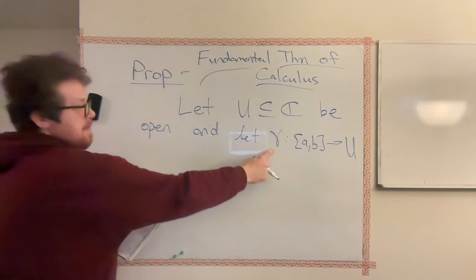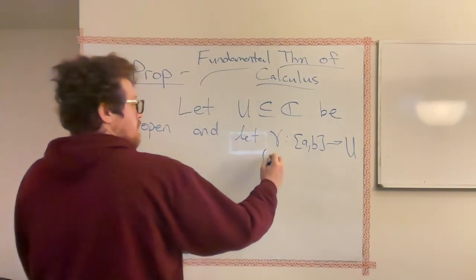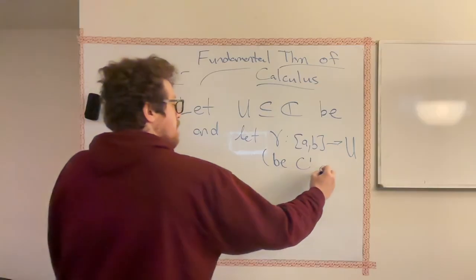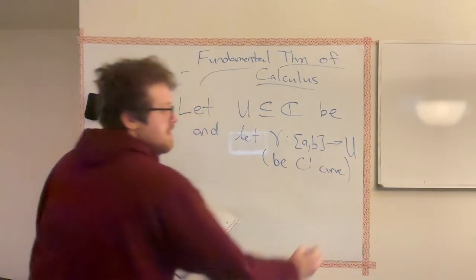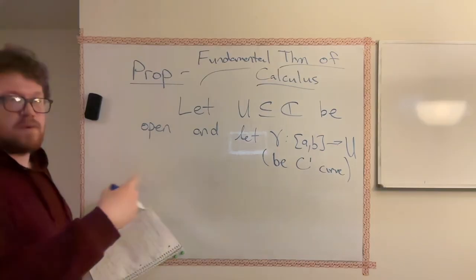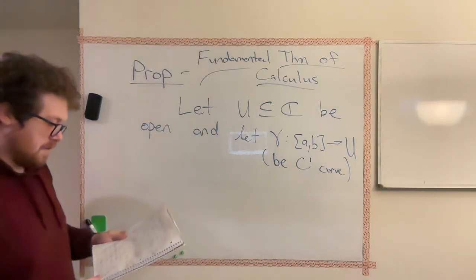Let's assume gamma is a C1 curve. So again, that just means it has a derivative, and the derivative is continuous.